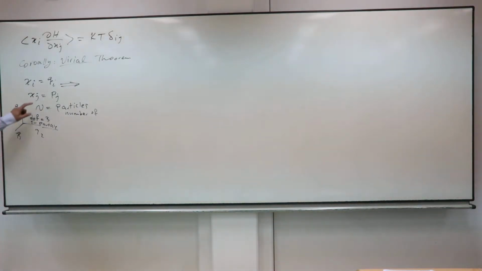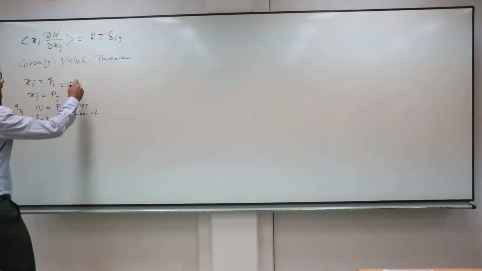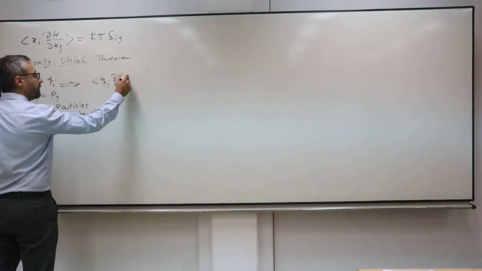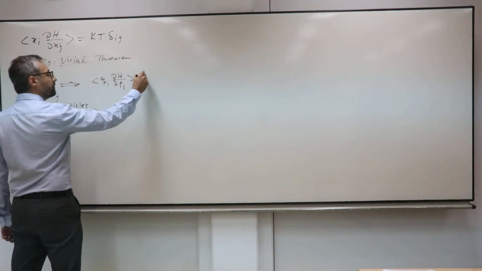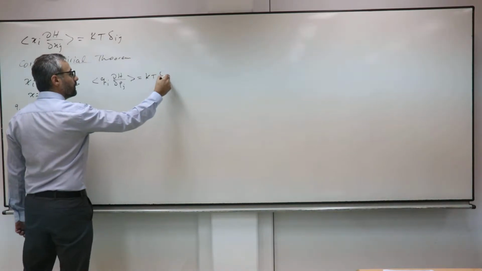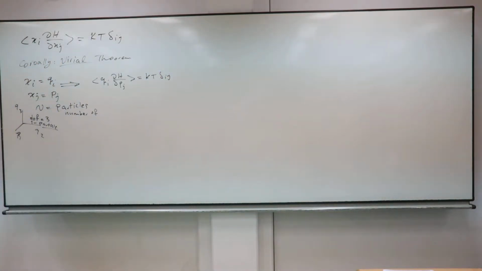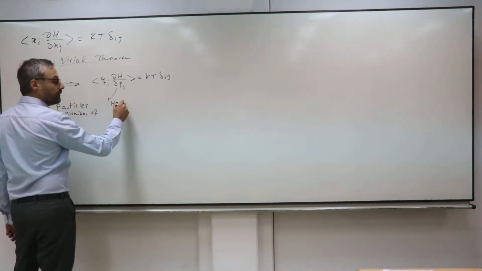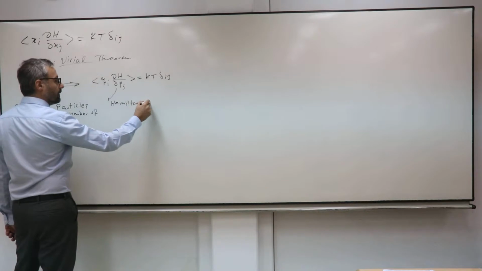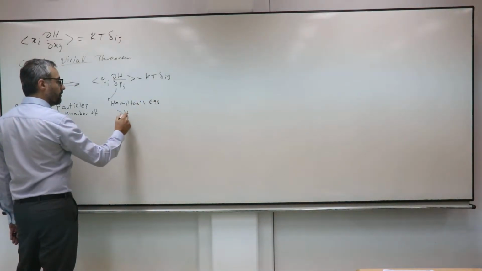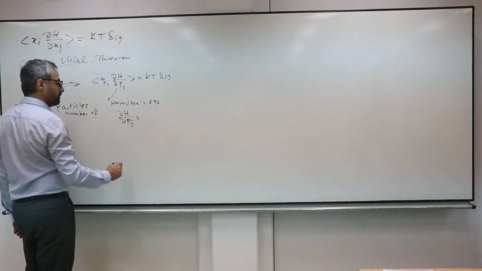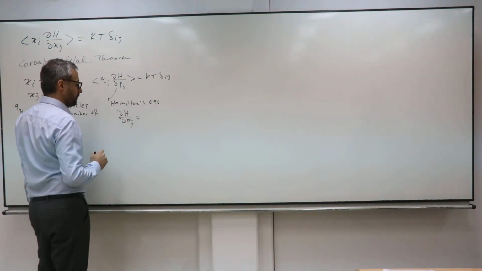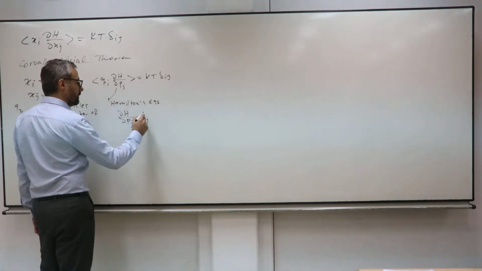Let's see what happens if you substitute that here. If you substitute that here, you get this expression. According to the Hamilton equations, from the dynamics, you know that the partial derivative of this will be q dot j.